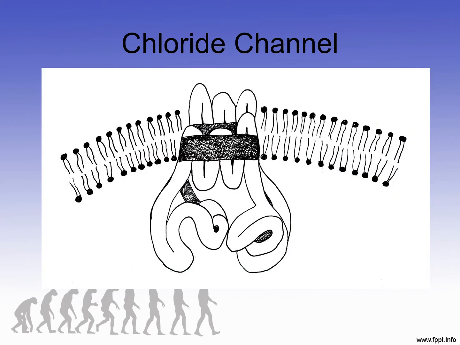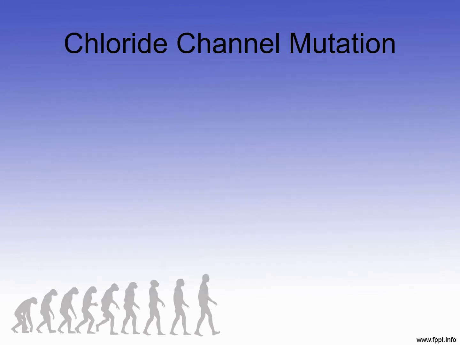So if we look at an example of just a simple point mutation, we're not going to get into the details of which gene controls all of this and how the mutation itself occurs, but just to give you an example of what the effect of a mutation could be, just as simple as a point mutation, there is a point mutation that affects the chloride channel on your cells, which could actually have some pretty deleterious effects if you are born with this mutation.